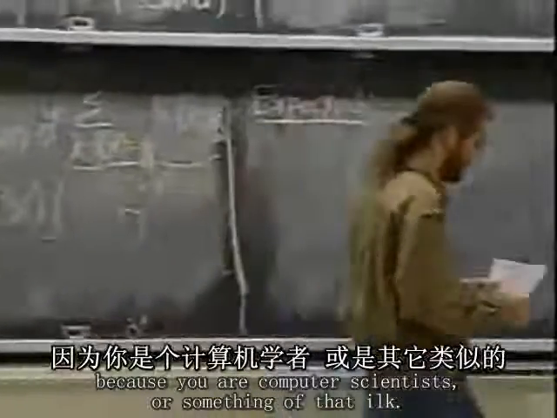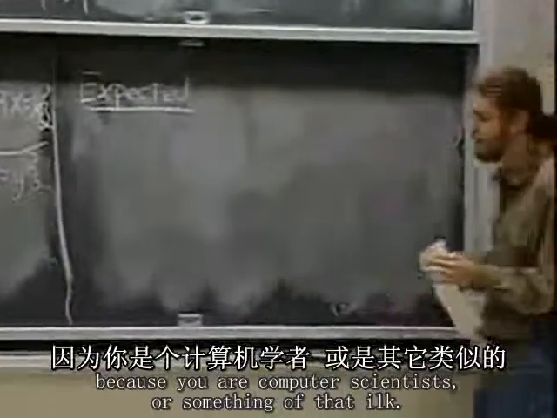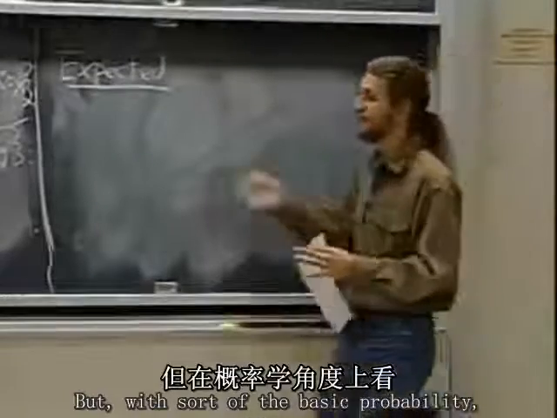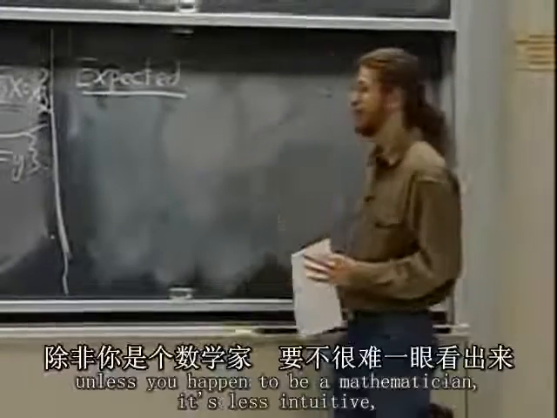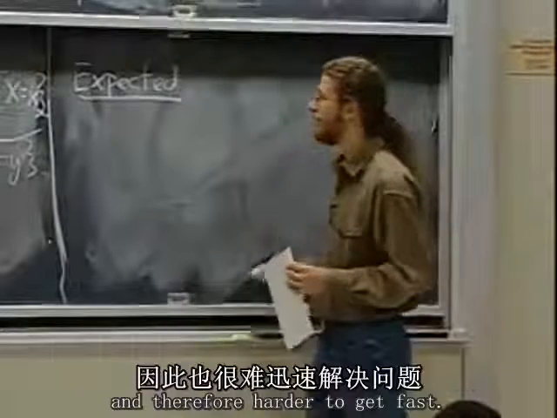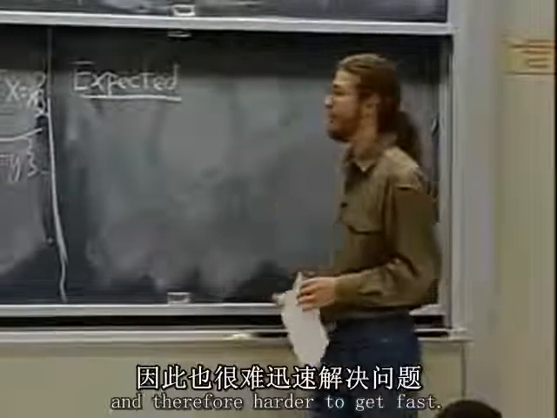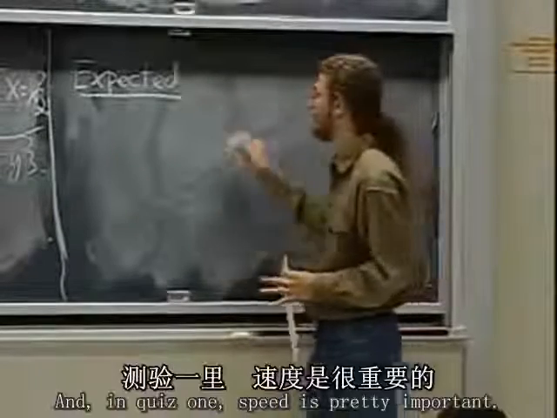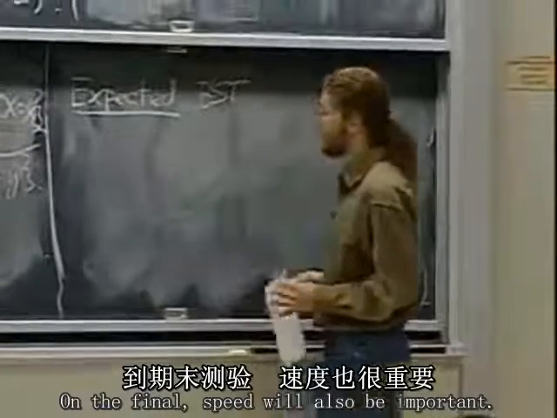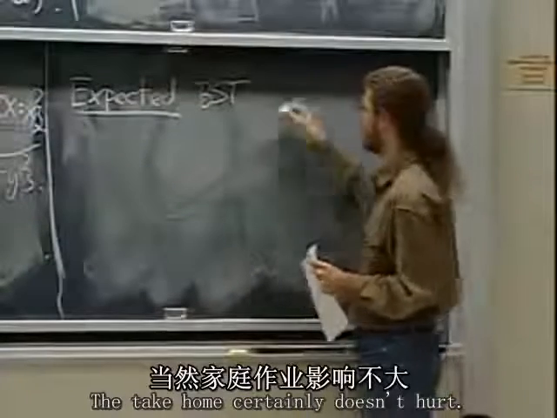But with basic probability, unless you happen to be a mathematician, it's less intuitive and therefore harder to get fast. And in quiz 1, speed is pretty important. On the final, speed will also be important. The take-home certainly doesn't hurt.